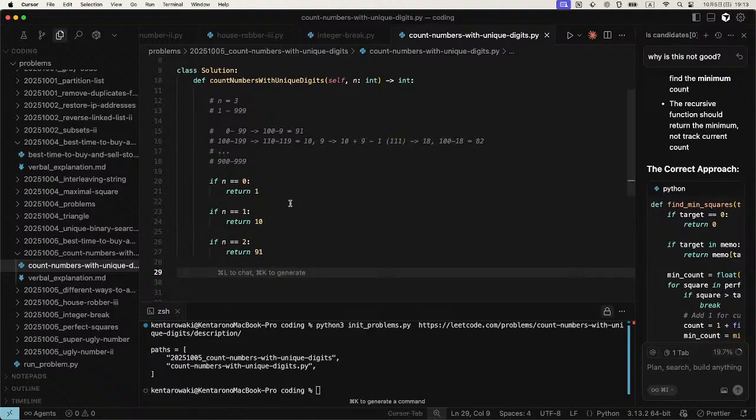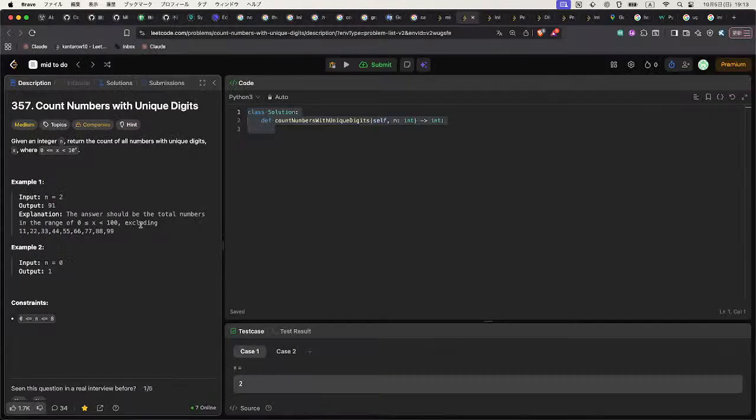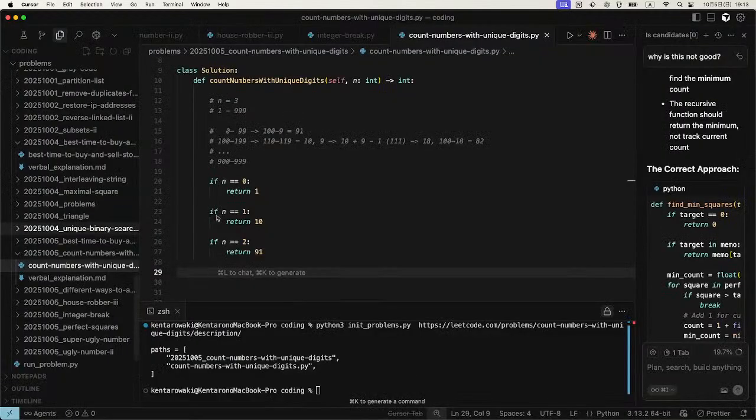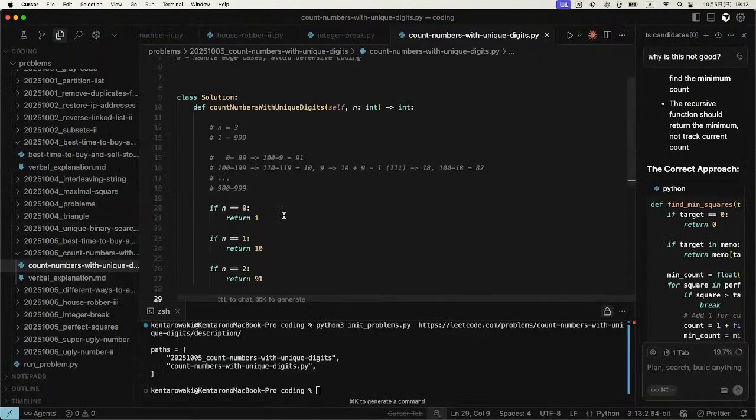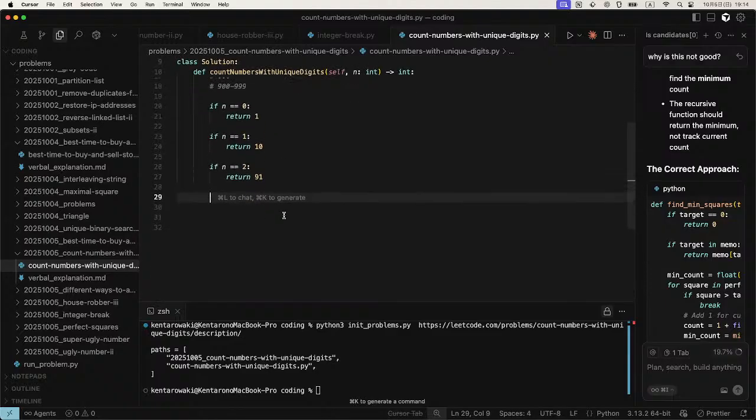Yep. And how do I solve n when the n is greater than 2?